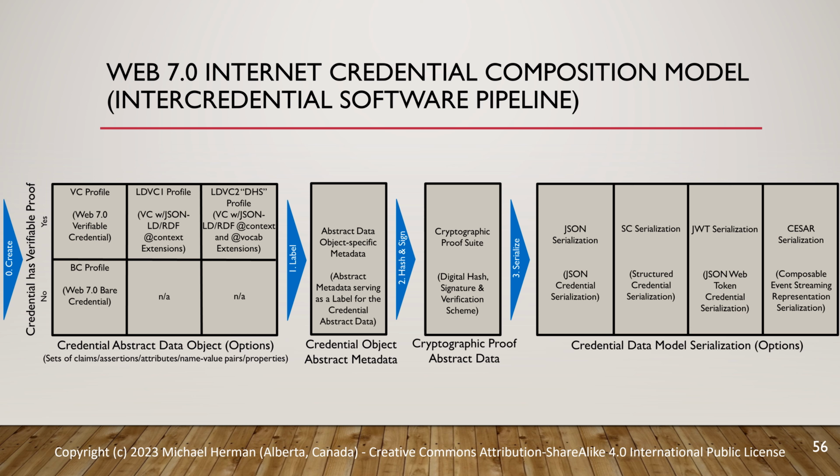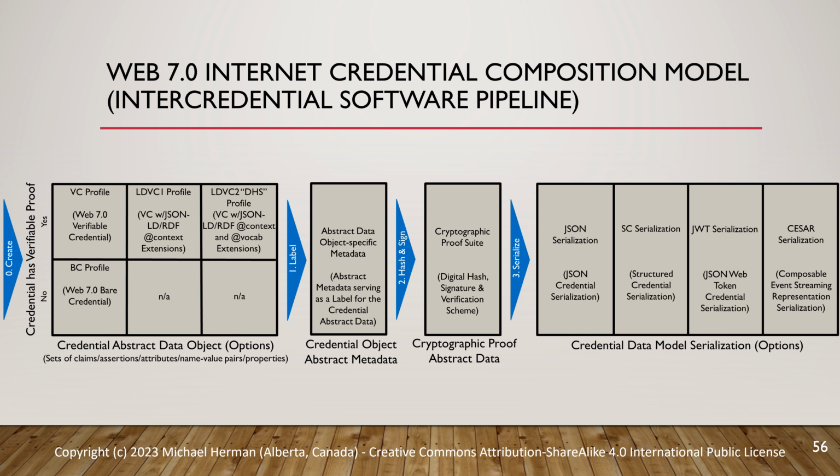The second form of serialization is called structured credentials. We've seen an example of both JSON serialization and structured credential serialization earlier in this talk. The third one is JWT, which is also very popular, and the up-and-coming candidate from the Carey camp is the Caesar serialization.